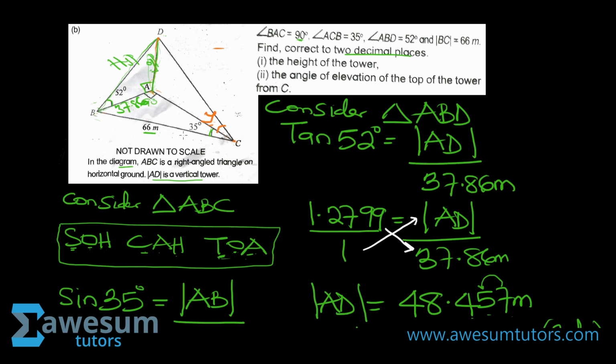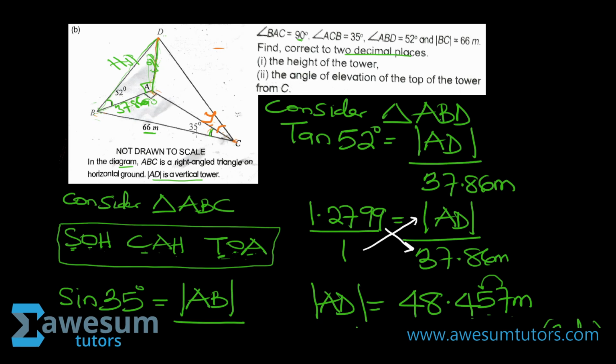We know that BC is the longest side, that is your hypotenuse. This angle is facing this side, so this is your opposite. That means the third side is the adjacent, so this line right here is the adjacent.